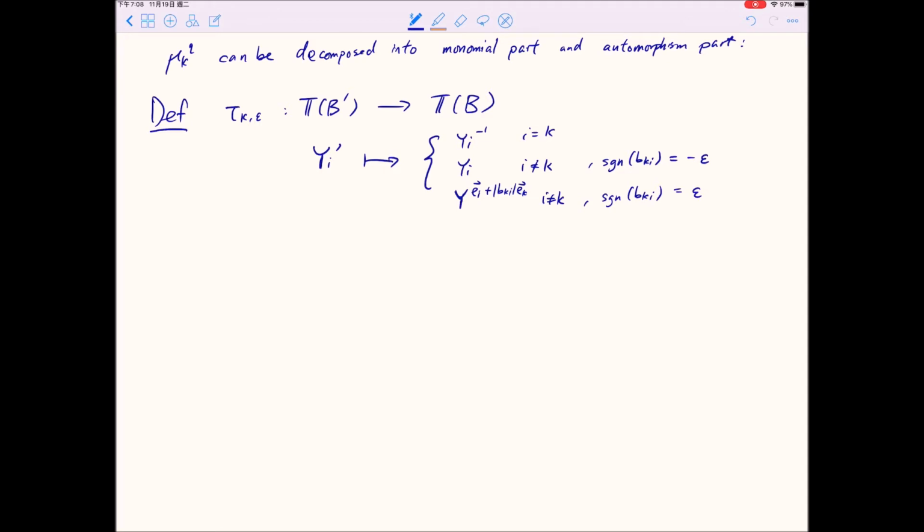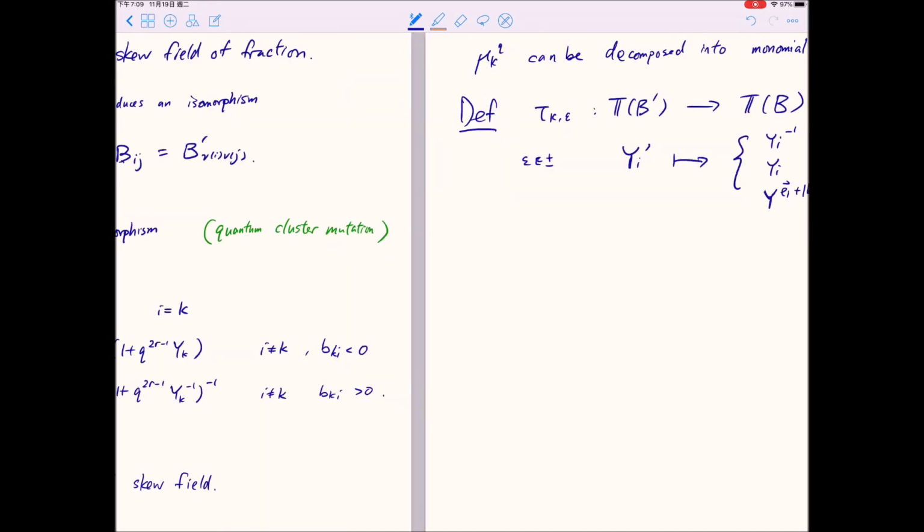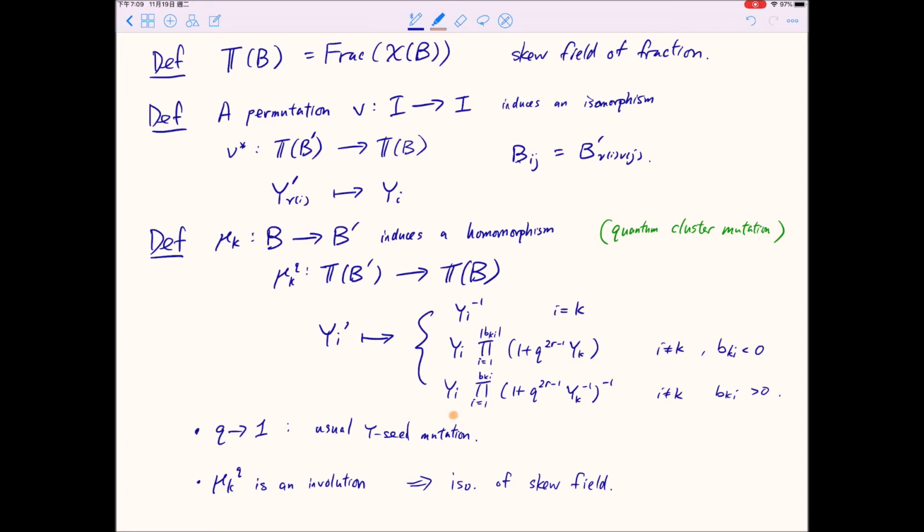Yeah, so epsilon is plus or minus here. So this really is the leading term of the previous rational expression. But either we take the first or the second expression.